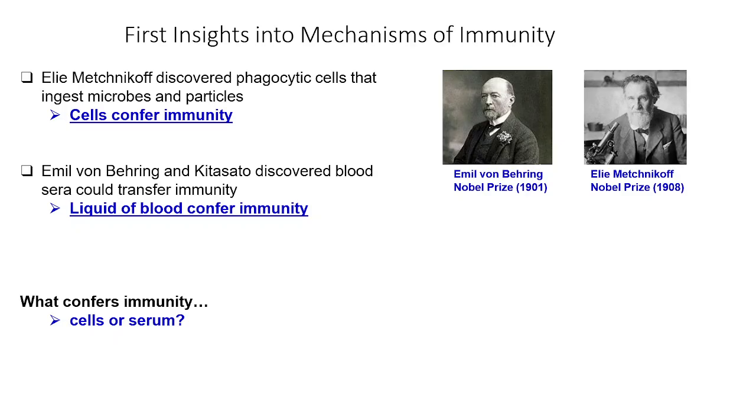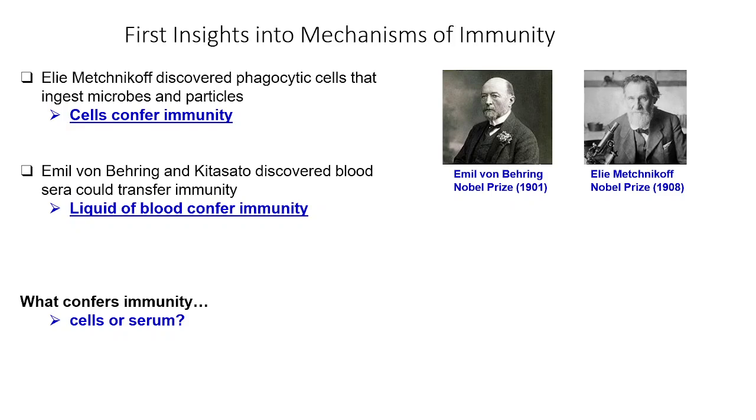And then we had Emil von Behring and Kitasato, who discovered blood sera could transfer immunity, that is, the liquid of blood confers immunity. Now, there are two things. What is the difference between serum immunity and cellular immunity?